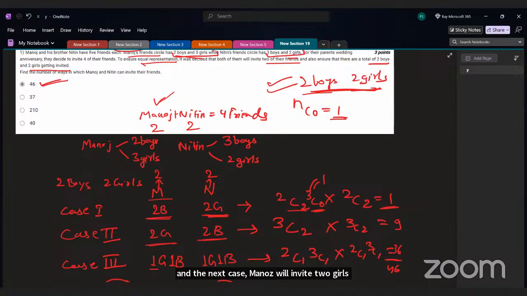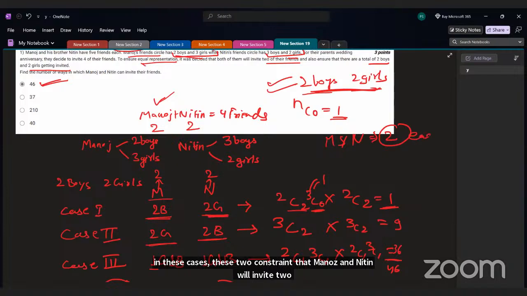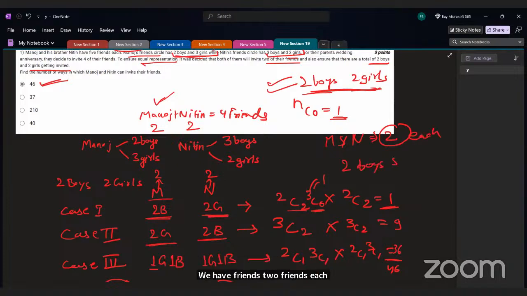And for the last case, both will invite 1 girl and 1 boy. In these cases, the constraint that Manoj and Nitin each invite 2 friends, and that we get 2 boys and 2 girls in total, is met. Only these 3 cases are possible for these two constraints.